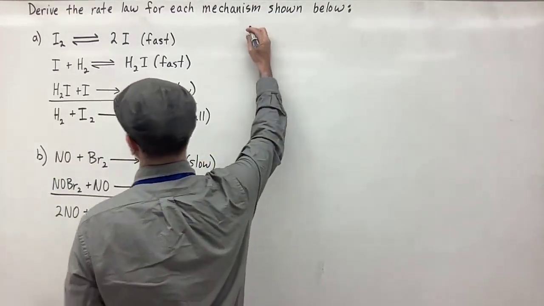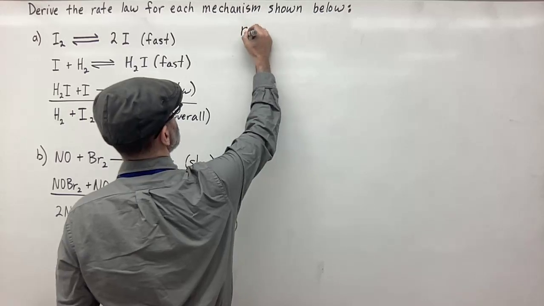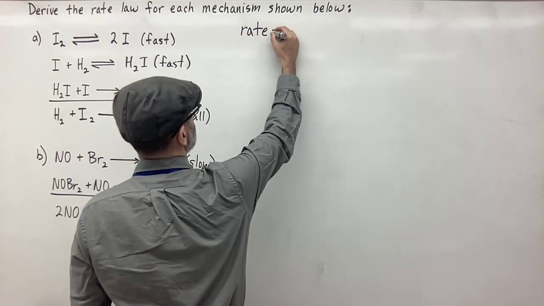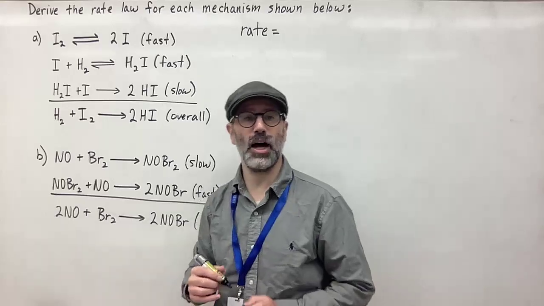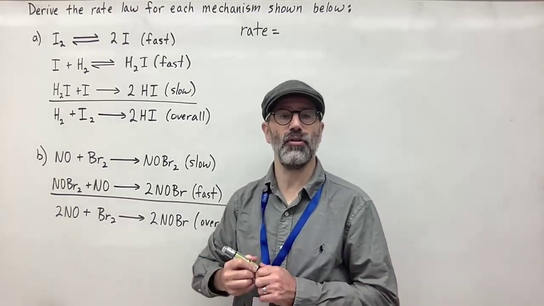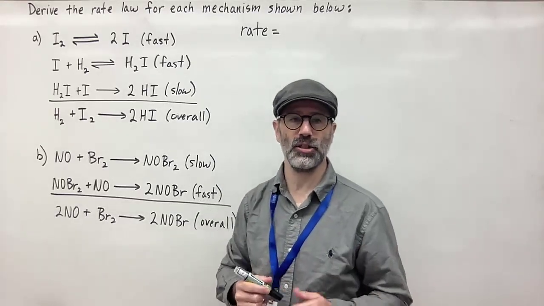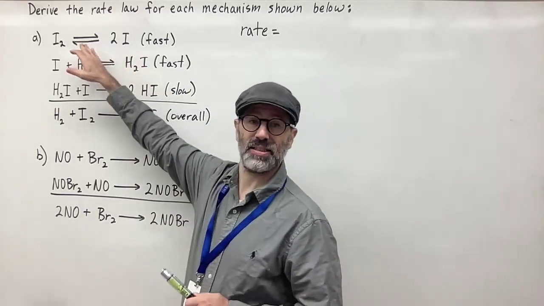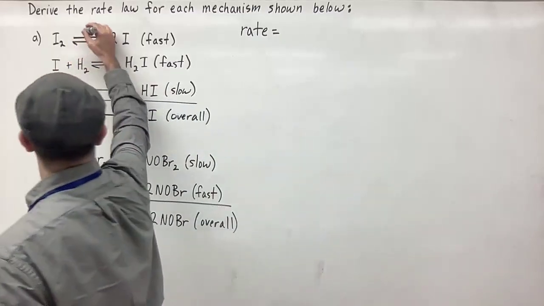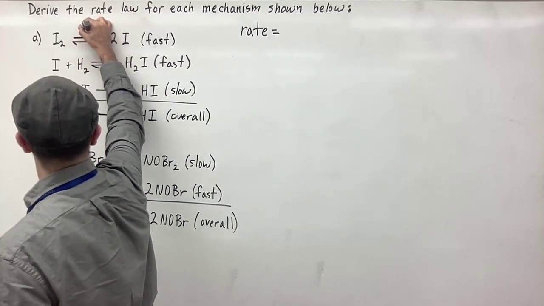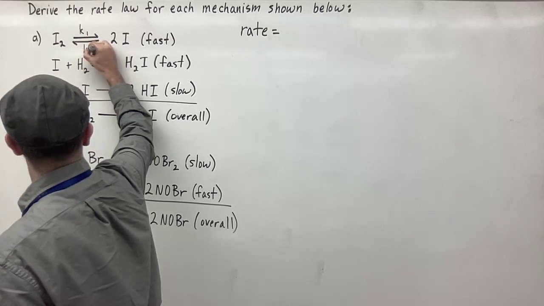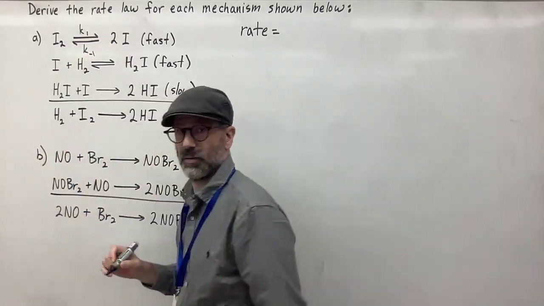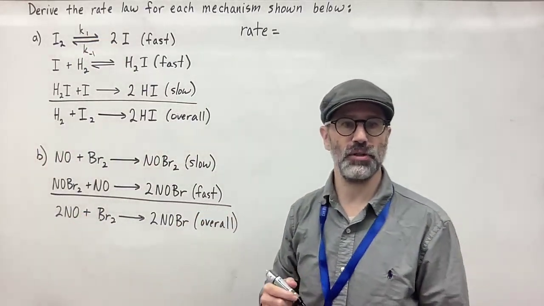Also, let us give k values to each of the forward and reverse directions. Since this is step number one, the forward step is going to be k1. The reverse step is going to be k minus 1, negative meaning reverse.